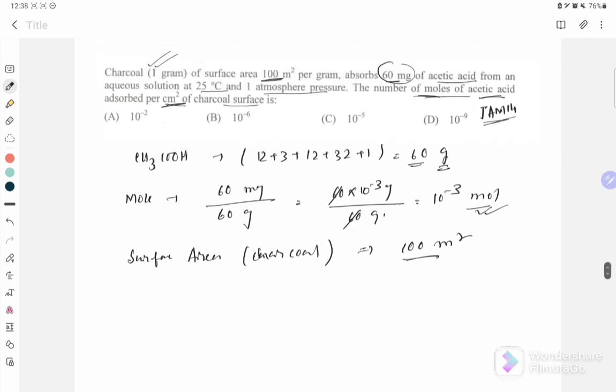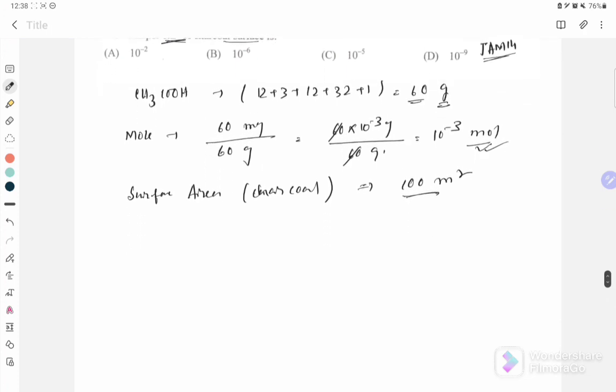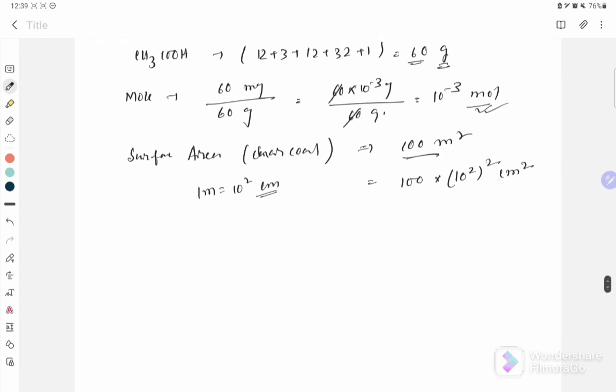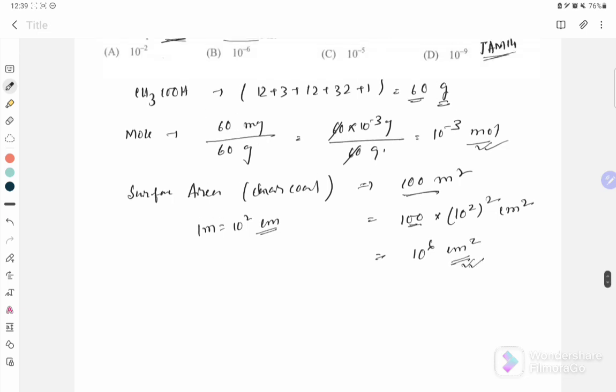So 100 meter square is equal to 100 into 10 to the power 2 whole square cm square. 1 meter is equal to 10 to the power 2 cm. Here 2 meters are there, so 10 to the power 4, and here 2, so 10 to the power 6 cm square.